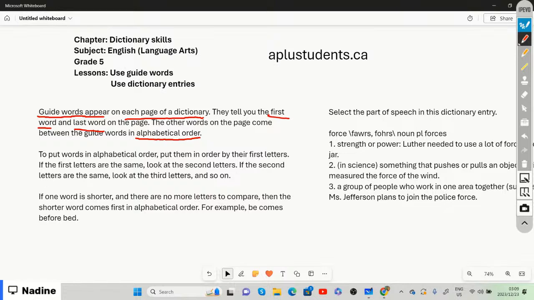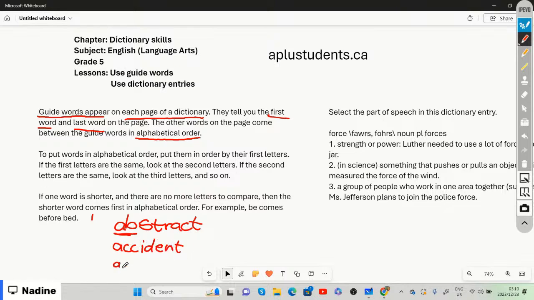So if you are looking at a word starting with A, then you'll probably have, maybe, AB, maybe abstract, just an example, AB because B is the second letter of the alphabet. Then you'll maybe have, for example, accident afterwards.